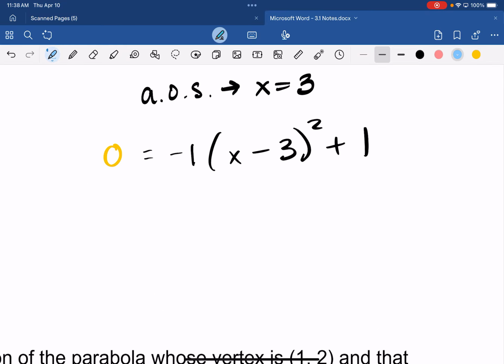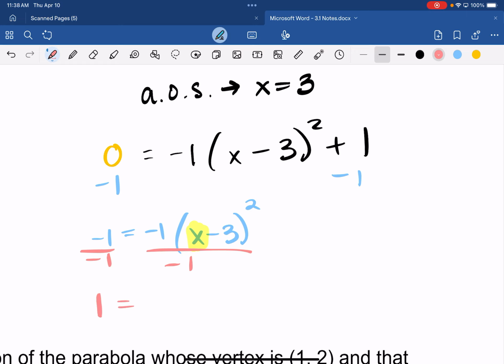This was way back, a couple months. We're going to start by subtracting 1. So I have -1 equals -1 times x minus 3 squared. Again, I'm trying to get x by itself. That's my goal. So I'm going to move my -1 on the outside by dividing because it's attached by multiplication. -1 divided by -1 gives me a 1 equals x minus 3 squared.